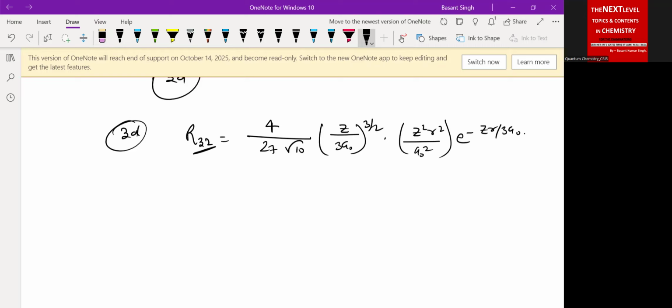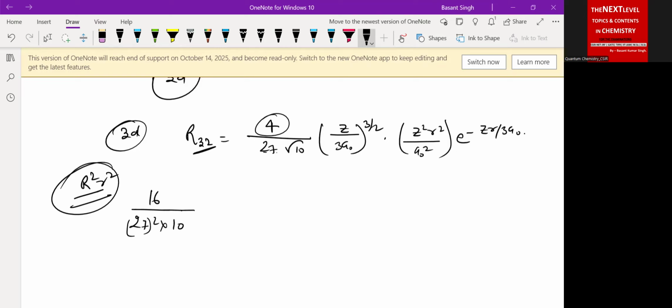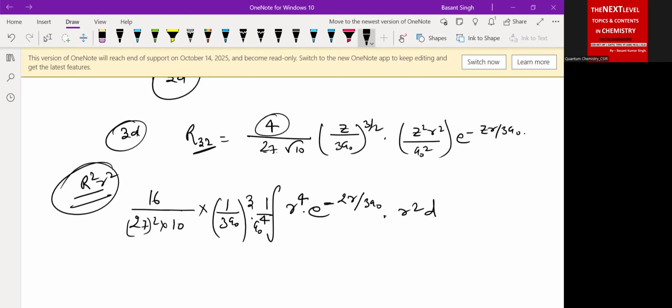Now for R square, this becomes 16 by 27 square into 10, and this becomes 1 by 3a naught to the power 3, and r square by a naught square, and this becomes 1 by a naught to the power 4 by squaring this, and r to the power 4 is in the integrand, and e to the power minus 2 times r divided by 3a naught, with Z as 1, and another term r square dr is also here.